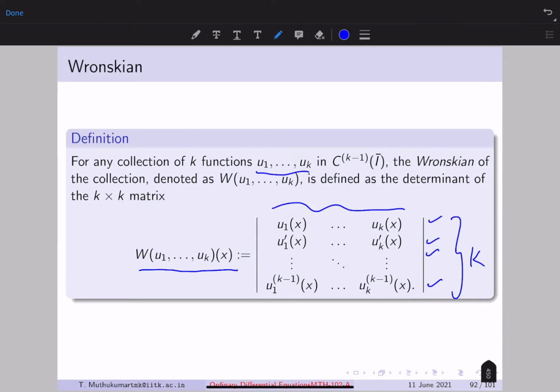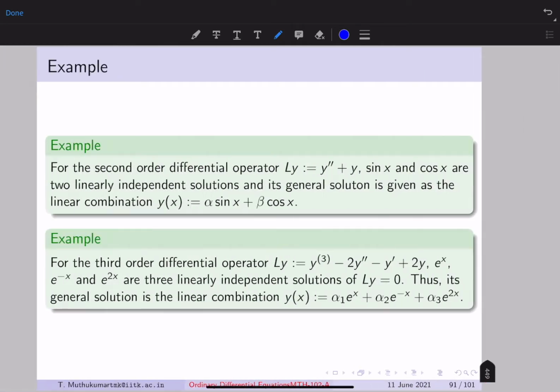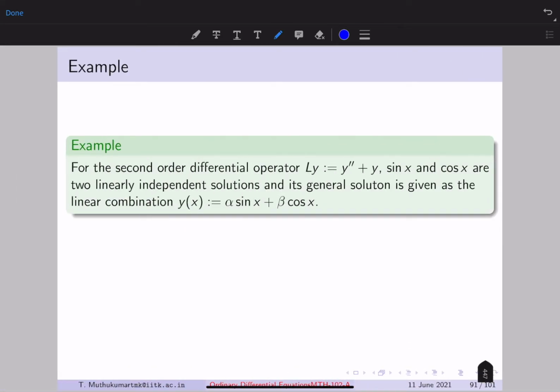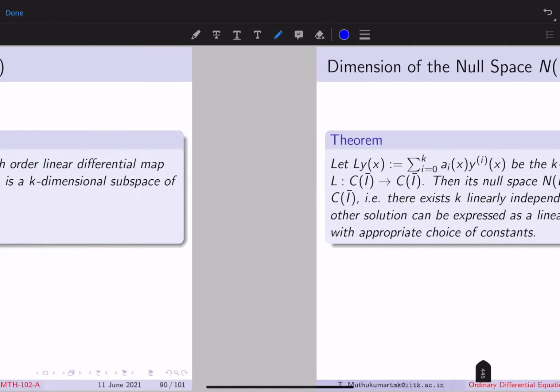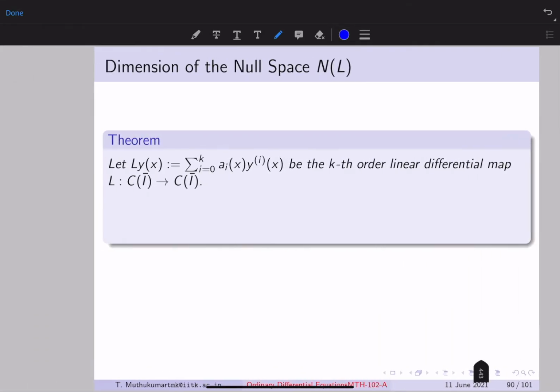What is the motivation for this definition? If you recall at least one example that we did in the previous lecture to verify the linear independence of x and x square, let me just show you that.